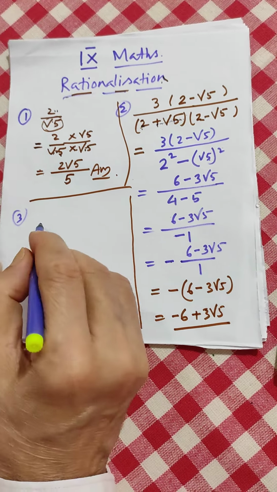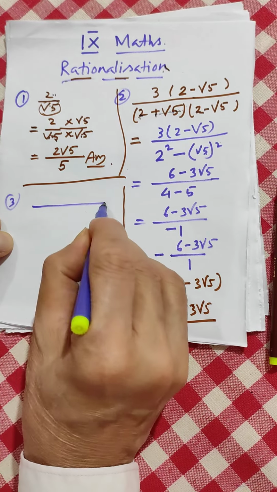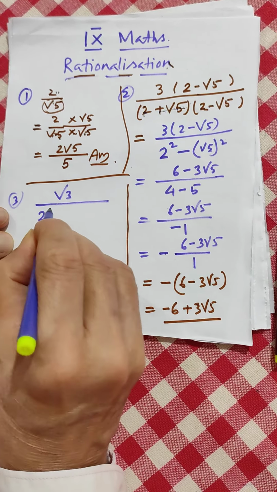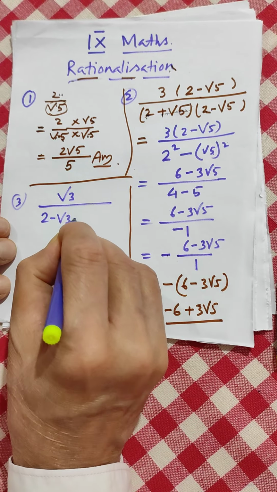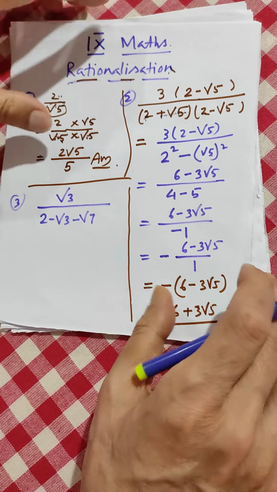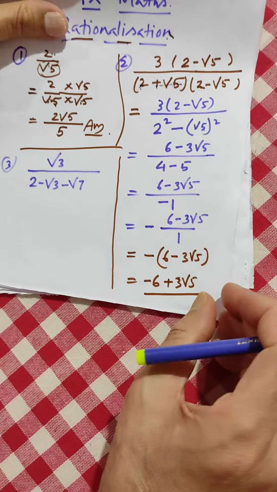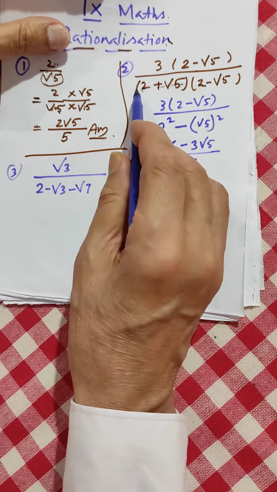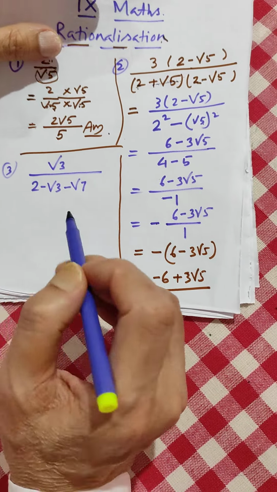Say this sum: root 3 by 2 minus root 3 minus root 7. Okay, so you see this is a trinomial, having 3 terms.